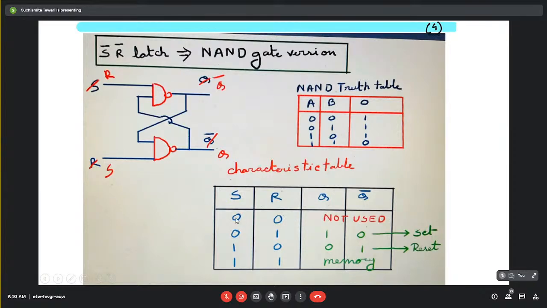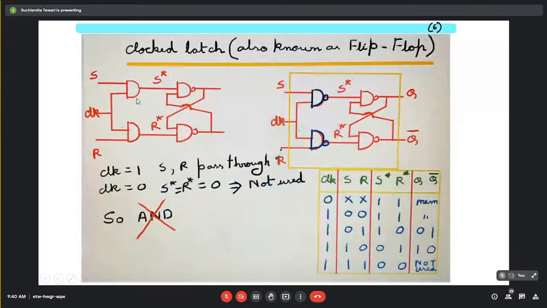That is, we need to avoid it if we can. So exactly in the disabling period of this clock, that 0 condition is appearing over here, so that we need to avoid. So we cannot use AND as the controlling gate over here.